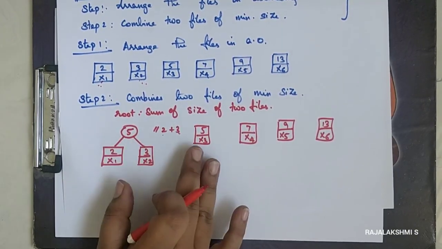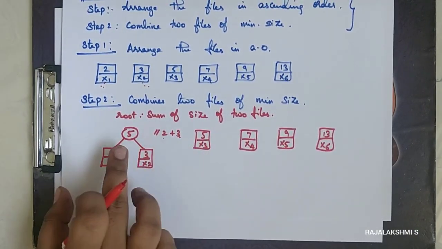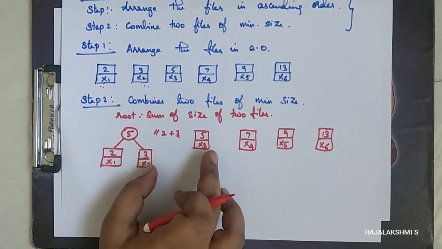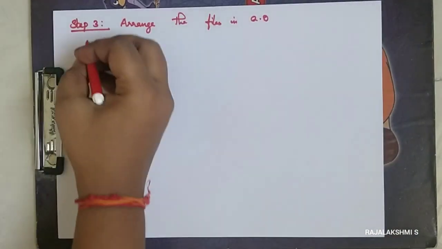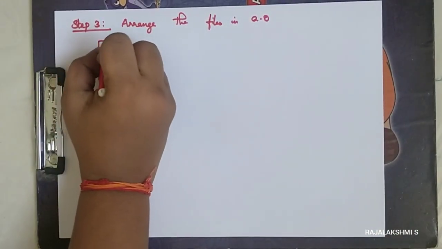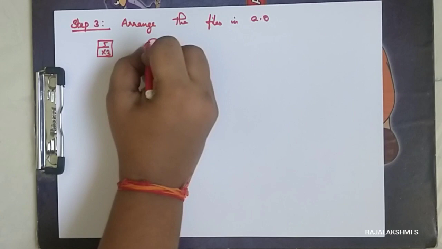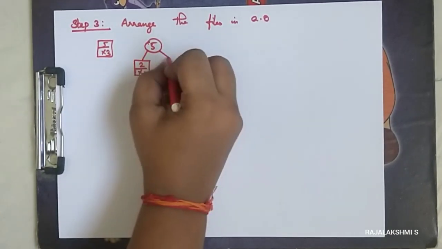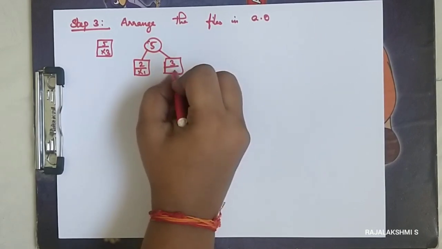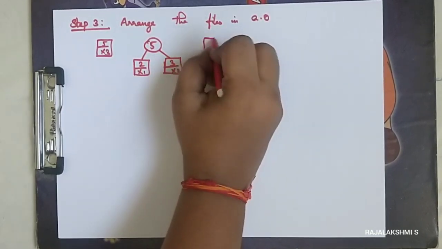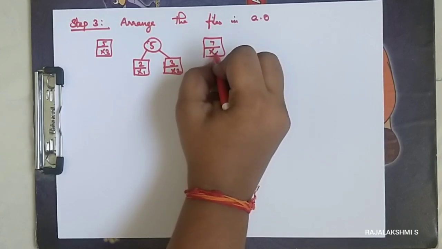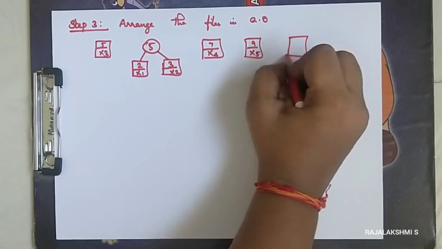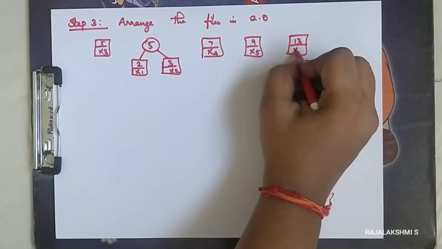So whenever I'm having this, I follow a strategy that this newly merged file will be put after the existing file. So here I'm having it as 5 x3, 5, it is 2 x1 and this is 3 x2, this is 7 x4, 9 x5 and 13, it is x6.